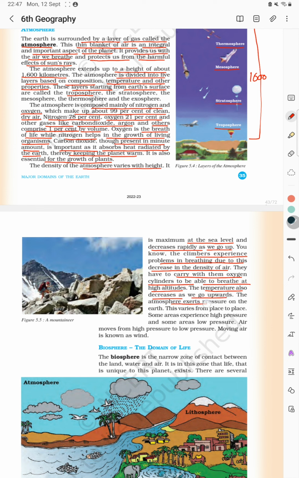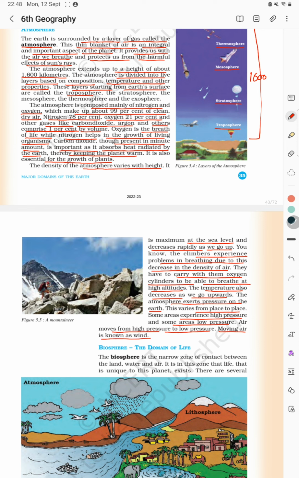The atmosphere exerts pressure on the earth. This varies from place to place. Some areas experience high pressure, some areas low pressure. So air moves from high pressure to low pressure, and the moving air is known as wind.